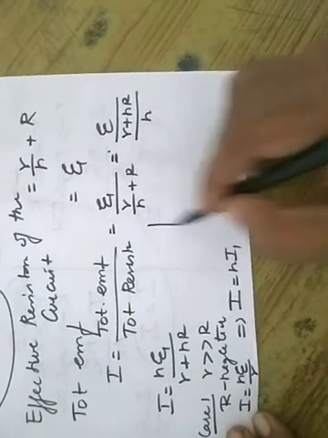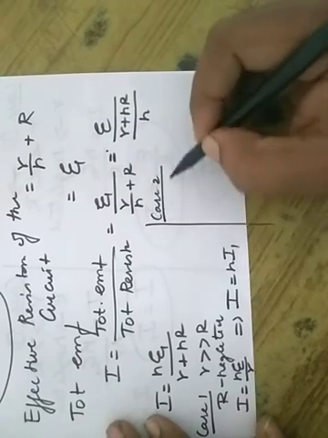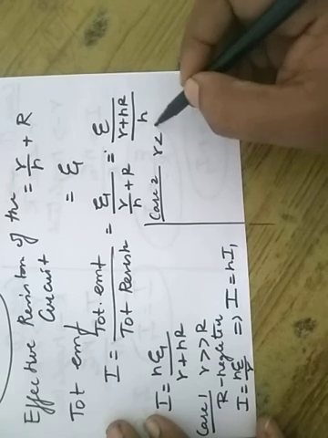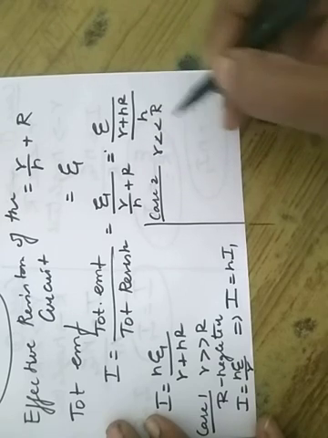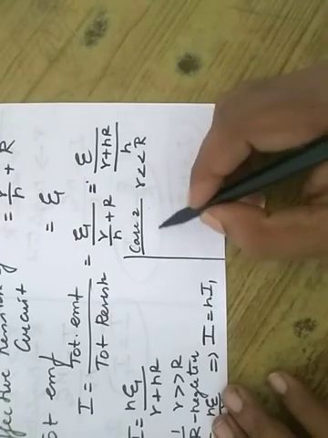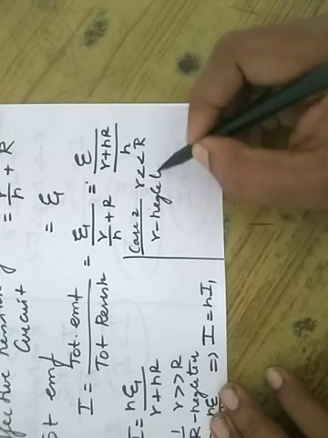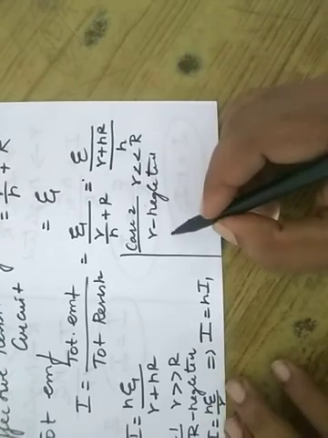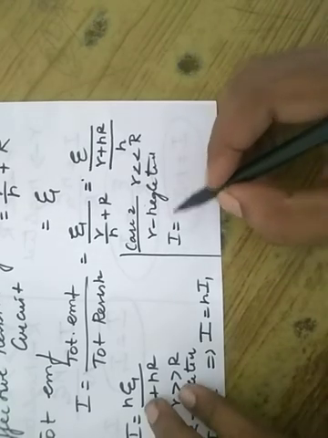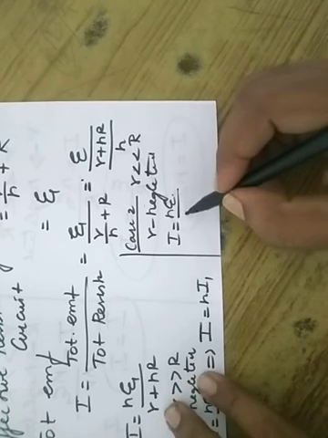Then case 2: here we consider r is less than R. Here the small r, that is the internal resistance, is neglected, so we get the expression I is equal to n psi by nR.